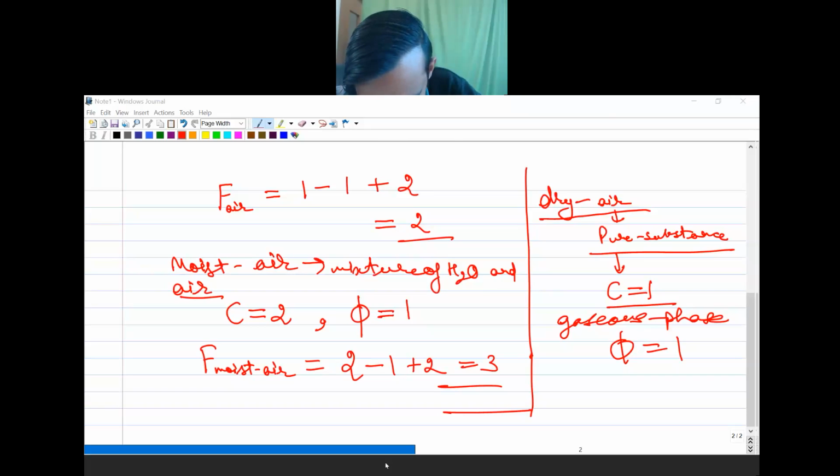Then the next question is: why do we have a triple line in the 3D graph for PVT when the triple point is a fixed value for all PVT? The thing is that on a 2D plot it looks like a point.